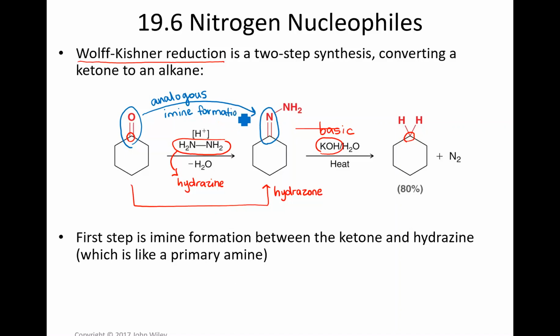The only difference is in imine formation, we would be utilizing a primary amine, and in hydrazone formation, we're utilizing hydrazine. So essentially, if we were doing imine formation, one of these NH2 groups would just be an R group. Then this would be an R group, and we would call this an imine. But since it's an NH2 group, the entire thing is called a hydrazone.